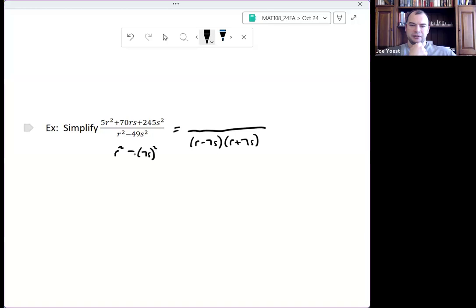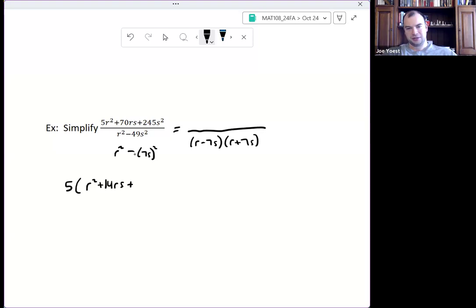My numerator, those are pretty big numbers, but nicely enough, I recognize I have a common factor of 5 everywhere. And then 5 goes into 245. How many times? Well, 5 goes into 120 times, so into 240 times. And then I have 45 more, which is 9 times 5.